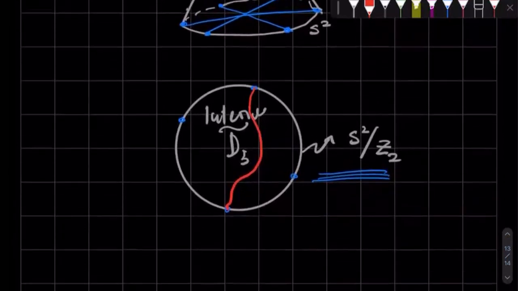What is a closed curve? A closed curve is something where if you travel in one direction, you come back to the same point. By the way, welcome, Shujosh. I had noticed you had come in. If you travel in this direction, as you reach this point, because of the identification, you end up here, and as you travel, you come back to the same point.